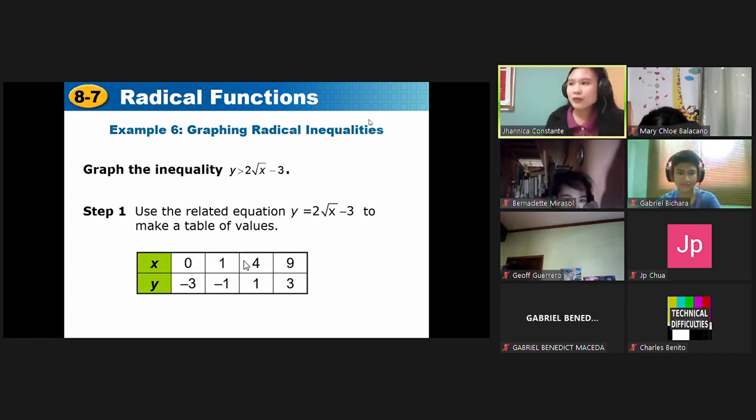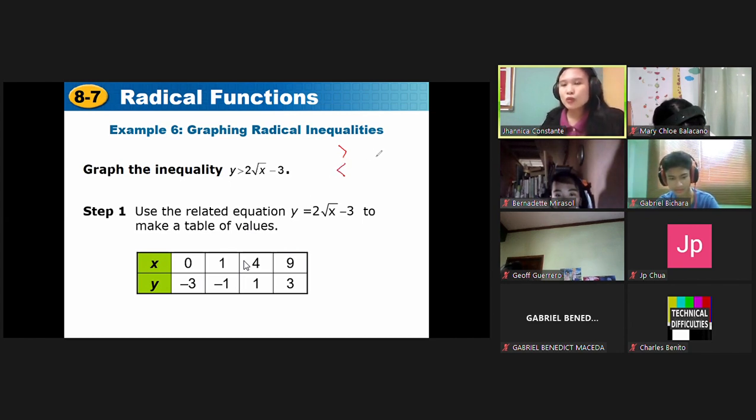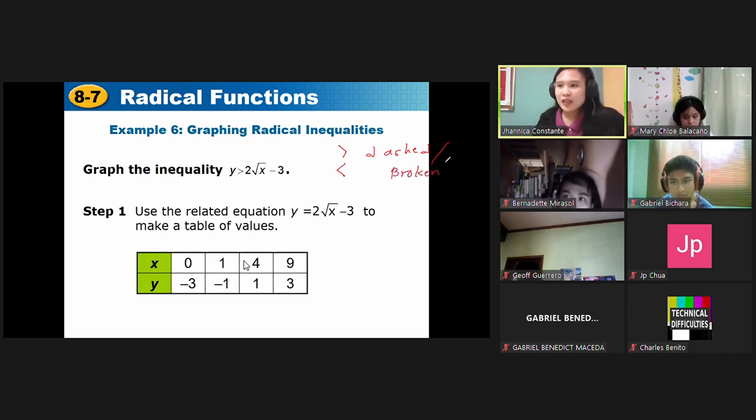To graph a radical inequality function, if the sign of inequality is greater than or less than, you're going to use a dash line or a broken line to graph our inequality radical function.